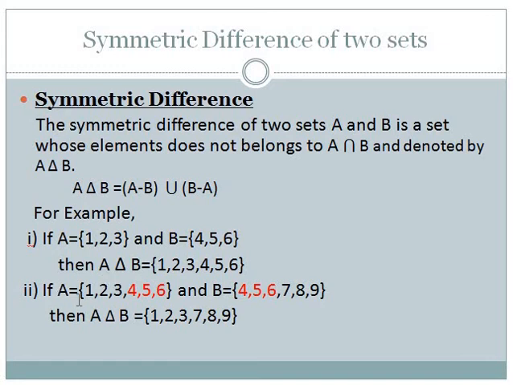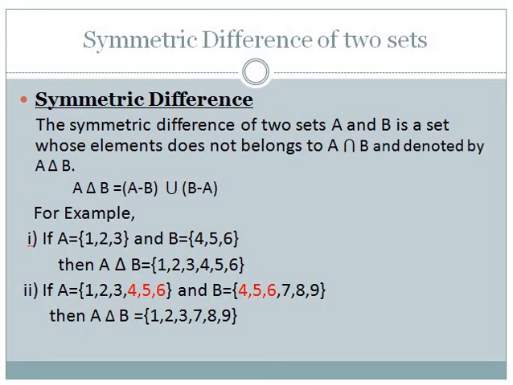For the second example, A is 1 to 6 and B is 4 to 9. Then A minus B is 1 to 3 and B minus A is 7, 8, 9. The union of these two sets is 1, 2, 3, 7, 8, 9. These are the members of the symmetric difference of sets A and B.